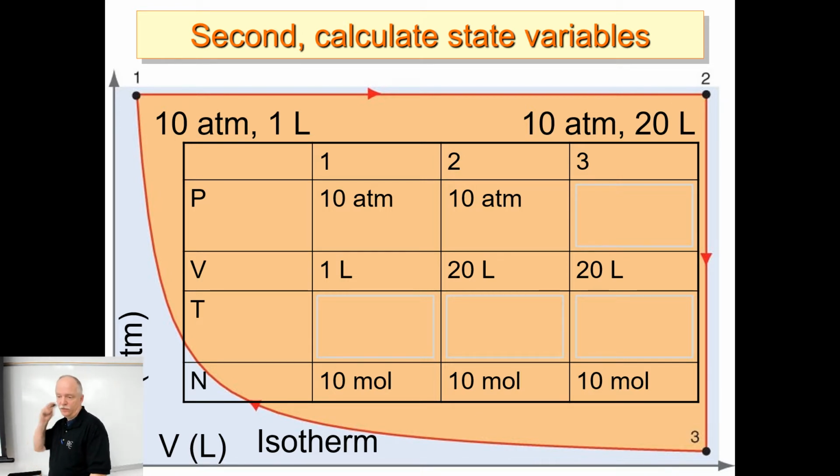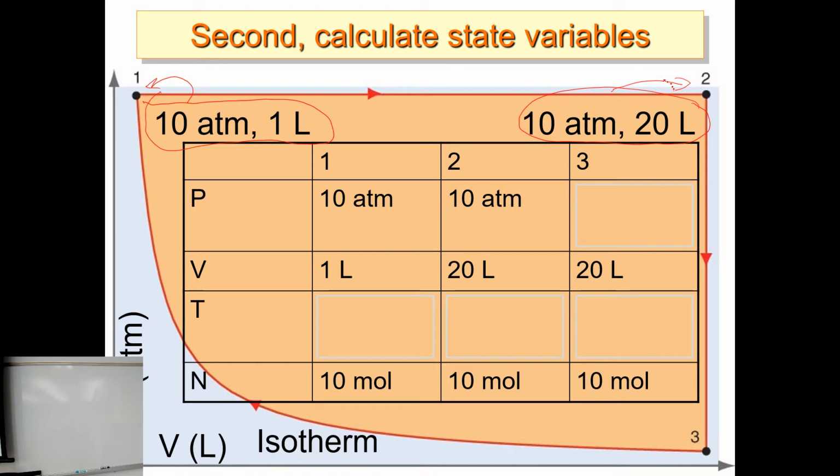So we have these points given up here, 10 atmospheres and 1 liter, 10 atmospheres and 20 liters, and that's everything that's given in the problem. These variables were given for this point, and these were given for this point.